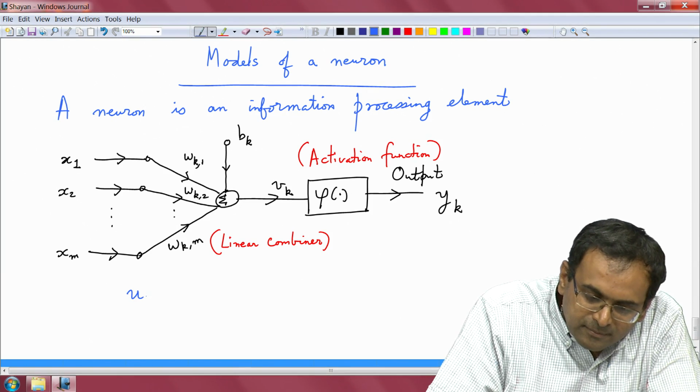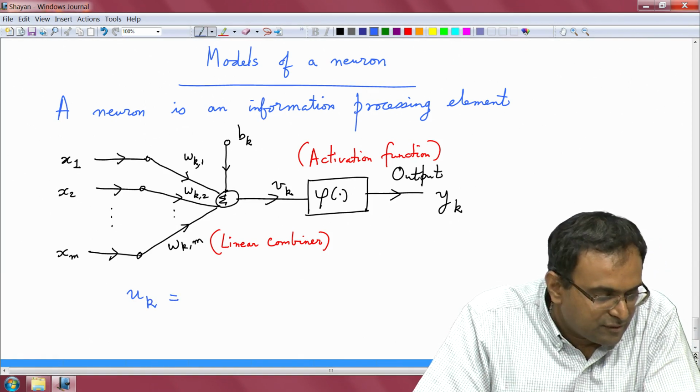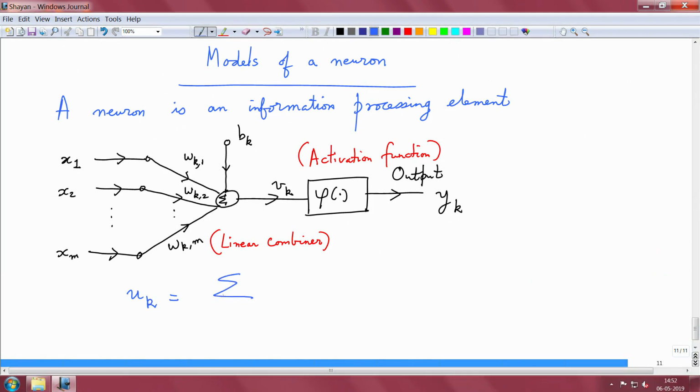Okay. So, let us start with the basic equations. uk is basically the sum over j equals 1 to m, that is you are summing over all the sensory inputs, j going from 1 to m, scaled by the corresponding weight wkj, and this is what we had here.